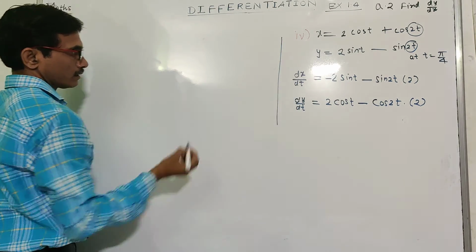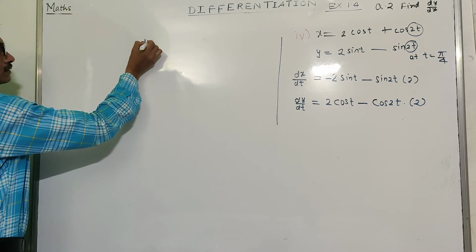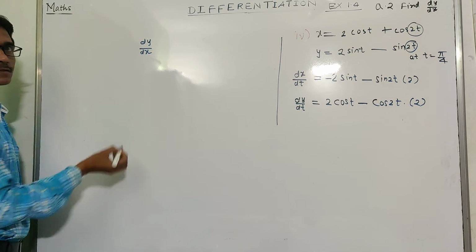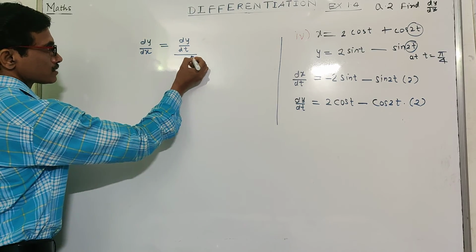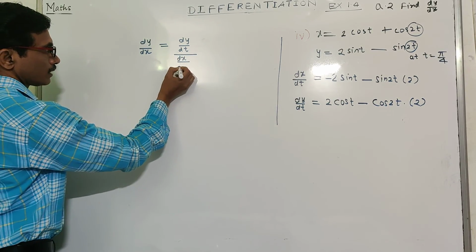So we find dy by dx. dy by dx is equal to dy by dt, as the parameter is t here, upon dx by dt.